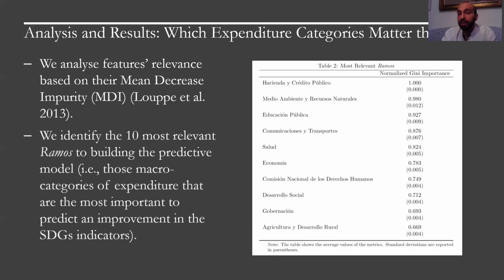So these are basically the 10 ramos that appear to be the most relevant to clearly predict an improvement in the SDGs indicators. The first one is finance and public credit. Then we have environment and natural resources, public education, communication and transports, and so on.